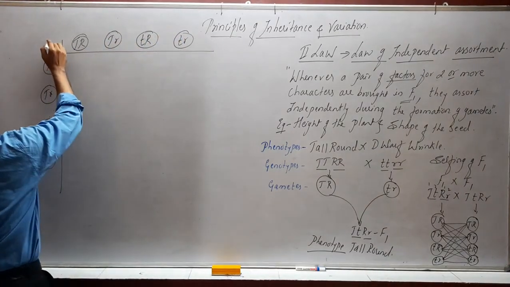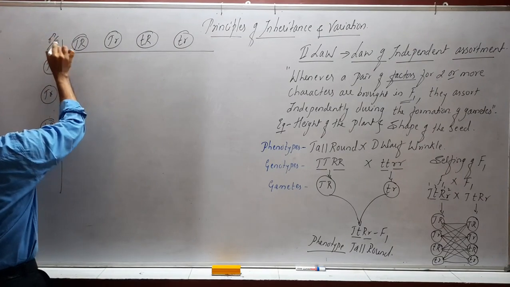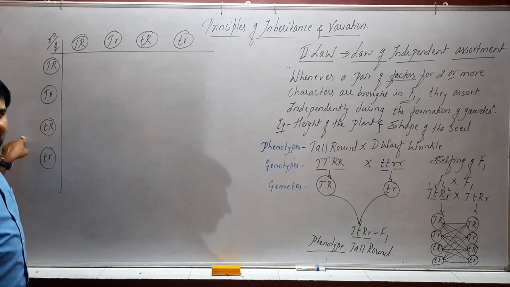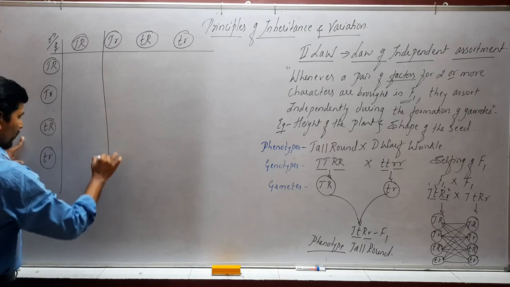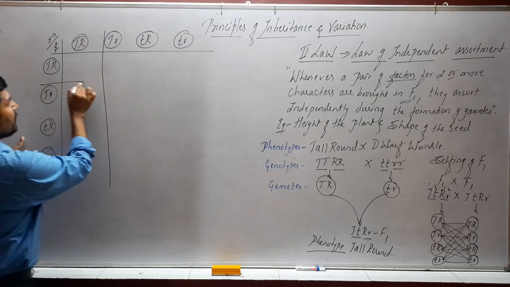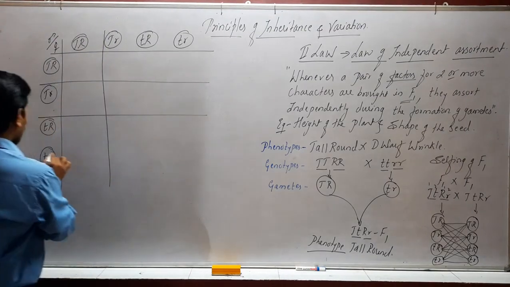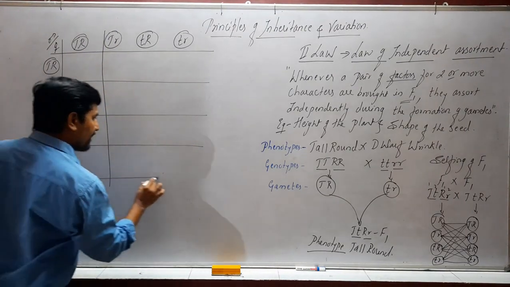Here we take them as male and female. That means one plant is considered as male, another one is considered as female. Then we are going to write these genes in this checkerboard, which we also call a Punnett square.